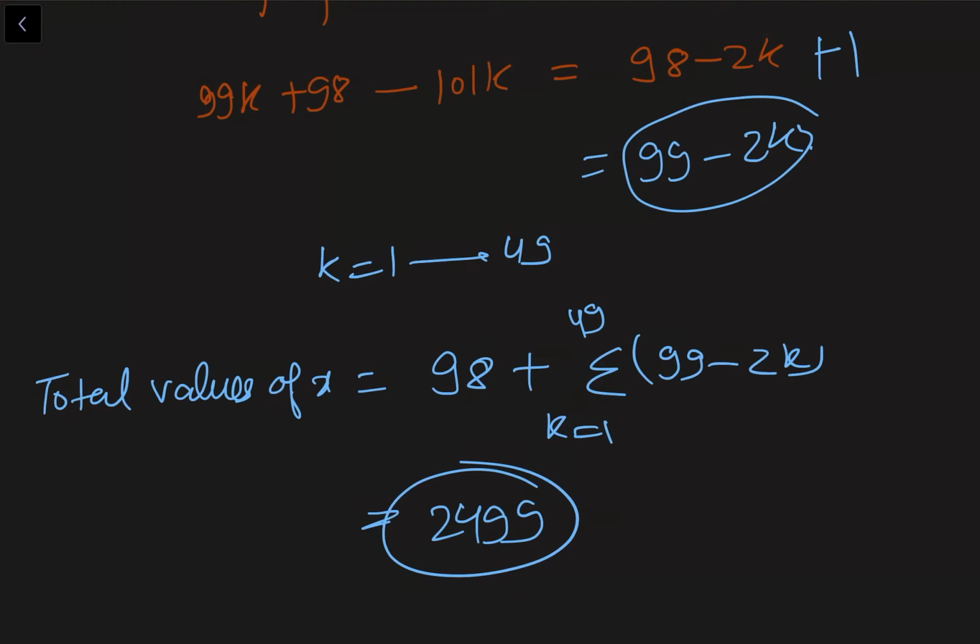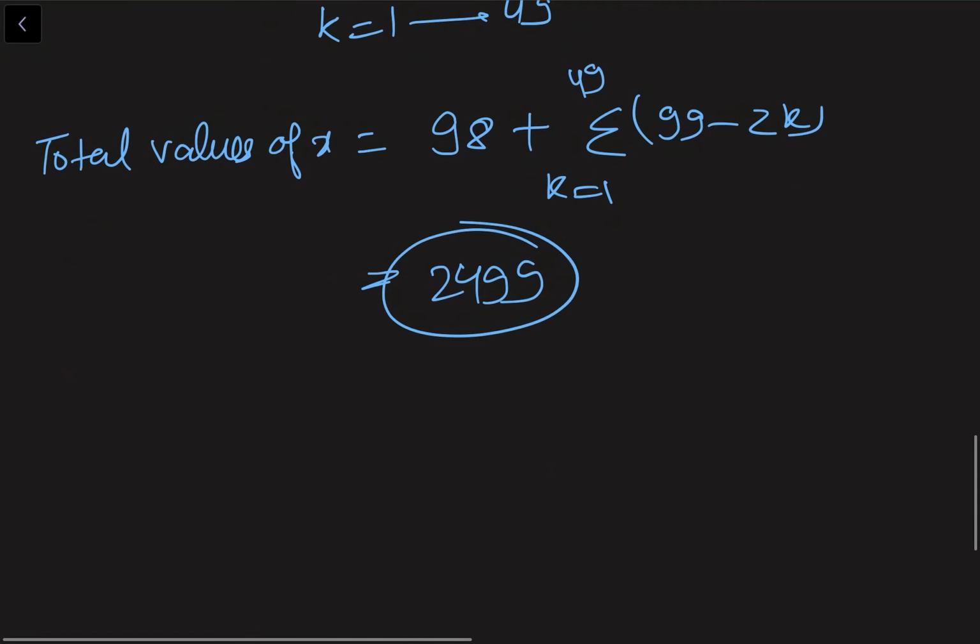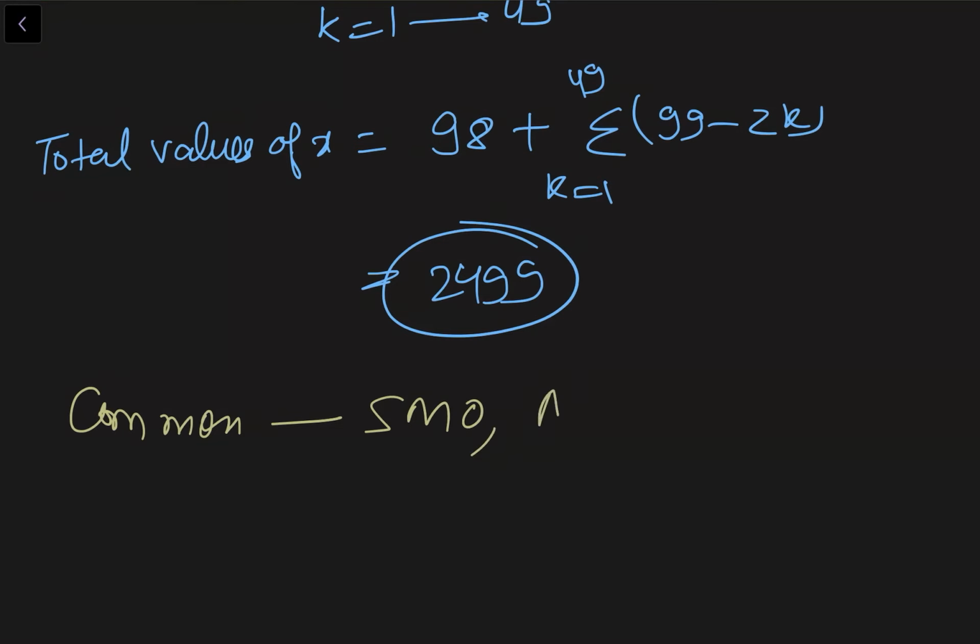Now there is a result based on this. This is a very common question, asked many times in the Singapore Mathematics Olympiad, the Australian Intermediate Mathematics Olympiad, and many other Olympiads.